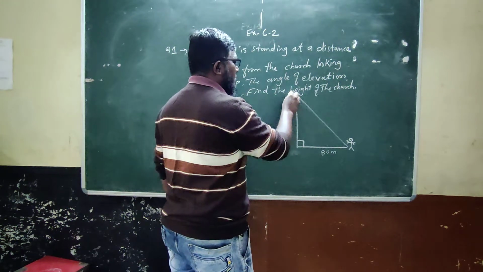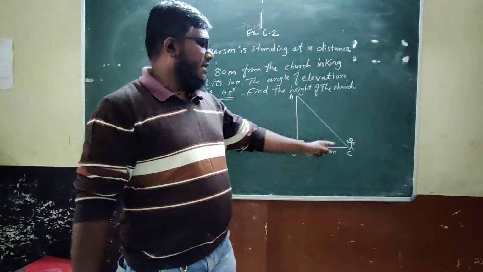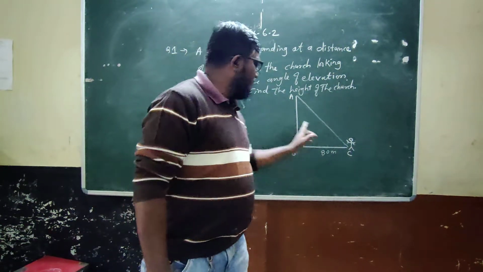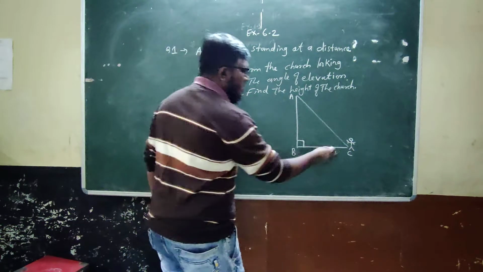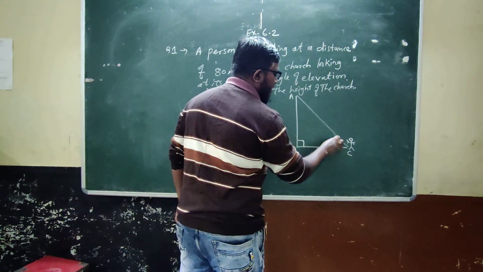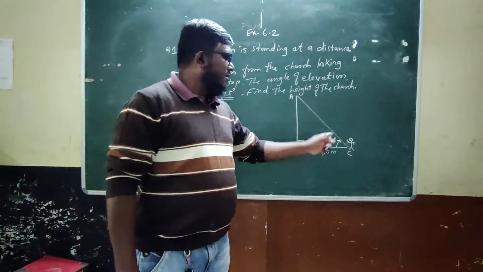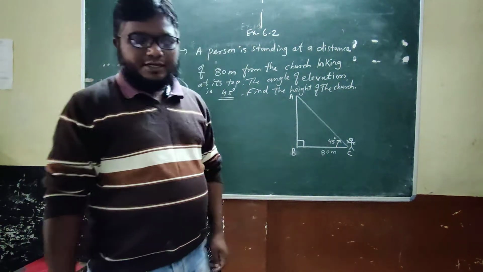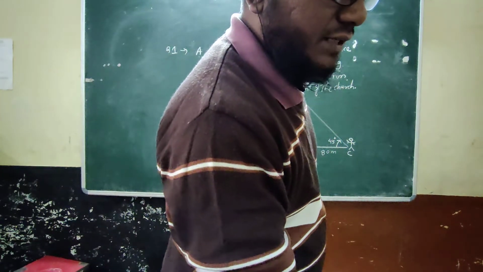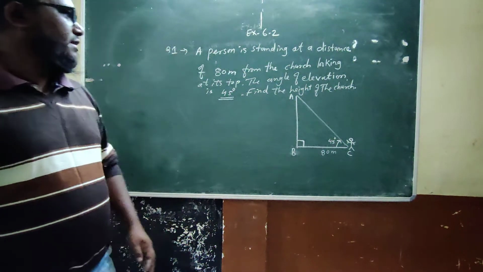We'll give the names A, B and C. The person is standing at point C, 80 meters from the church, and he is showing an angle of elevation of 45 degrees. Angle of elevation means he is looking upside at 45 degrees. Now we have to solve the example and find the height of the church using the formulas.